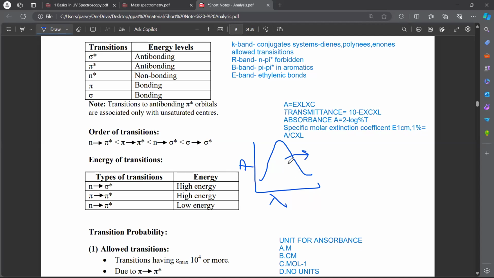It is known as bathochromic shift, which is also known as red shift. There is another shift known as hypsochromic shift or blue shift, which is a shift of the lambda max towards the lower wavelength. The red shift occurs due to the presence of an auxochrome, and the blue shift occurs due to the removal of the auxochrome or the removal of the conjugation.